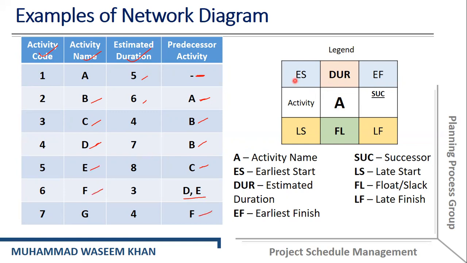This is the earliest start. This is the earliest finish of activity A. This is the latest start of activity A. This is the latest finish of activity A. This is the float or slack of activity A. Here you will write the activity number, and you will write the successor of activity A. Okay, so let's discuss this particular example on the next slide.